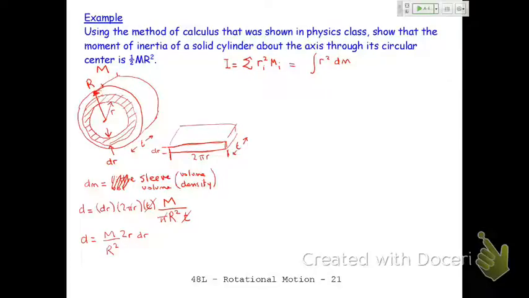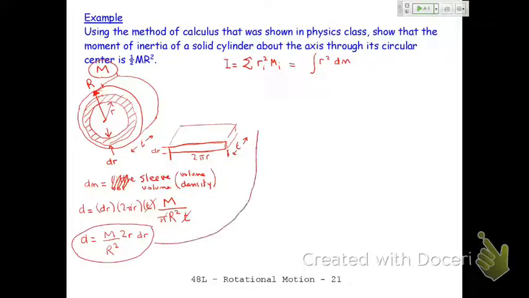What's the definition of density? Mass over volume. What's the mass on this diagram? Okay. And then the volume is pi big R squared times T. Okay, so I take that guy.